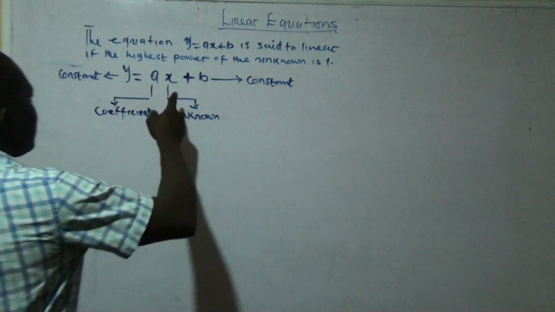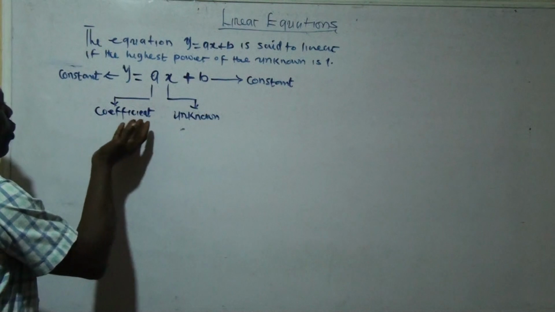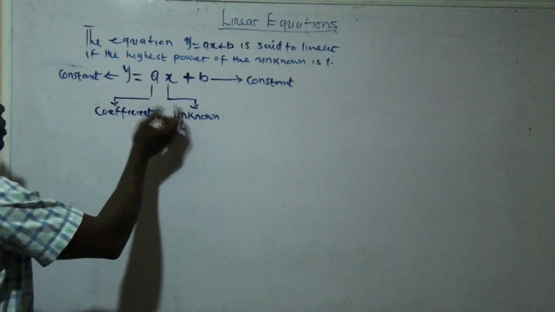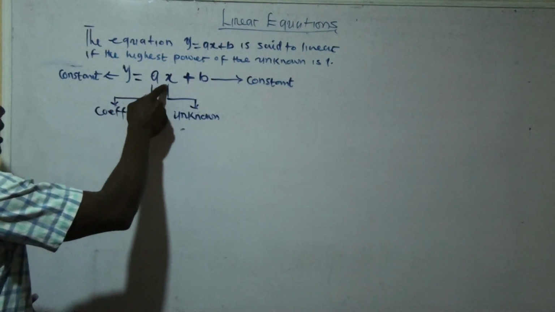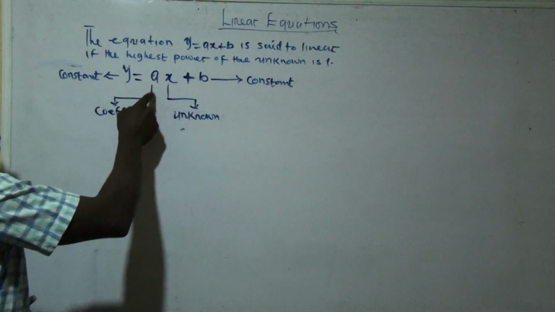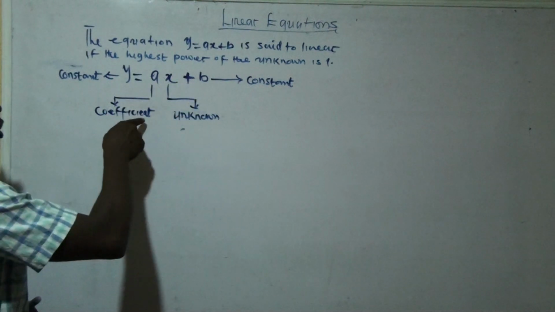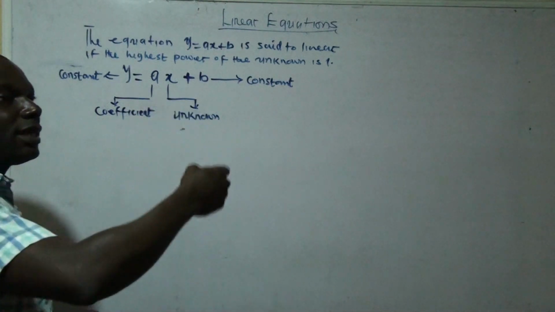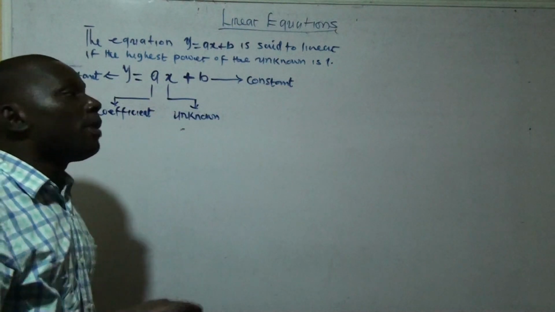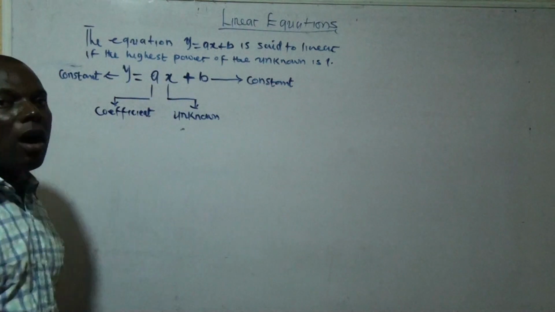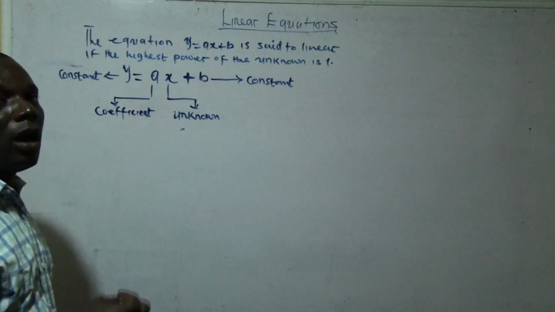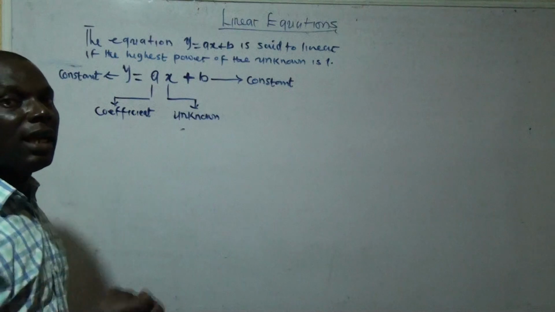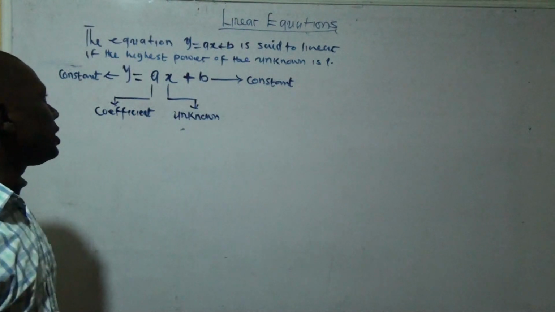Here, as you can see, we have a coefficient and an unknown. Now we have y equals ax plus b. The a here is called the coefficient of the unknown. In mathematics, a coefficient is a numerical number that multiplies the unknown in mathematical statements.